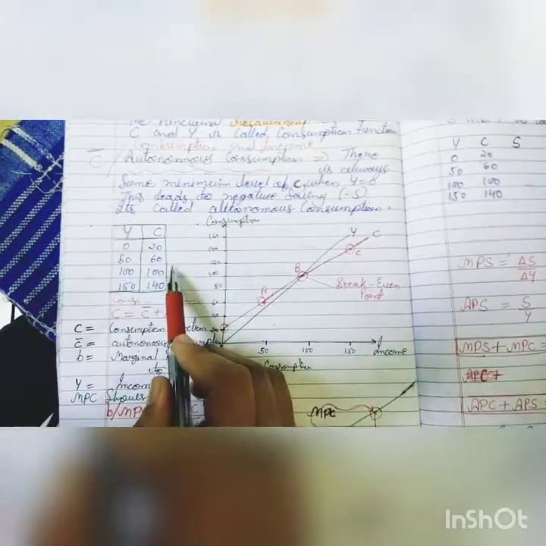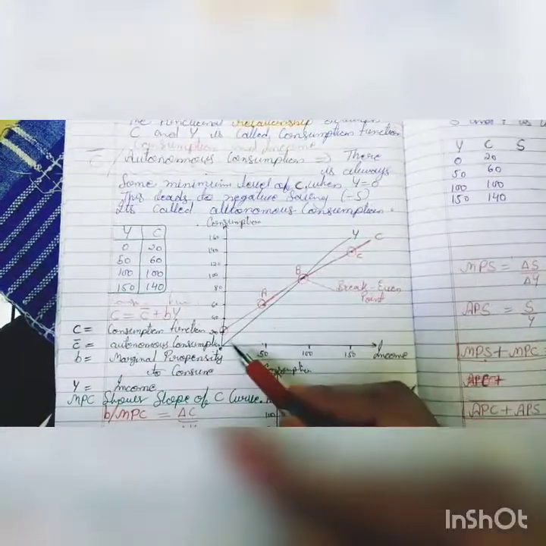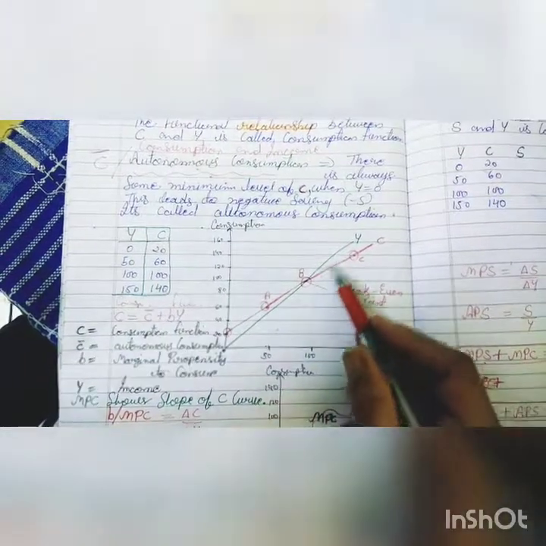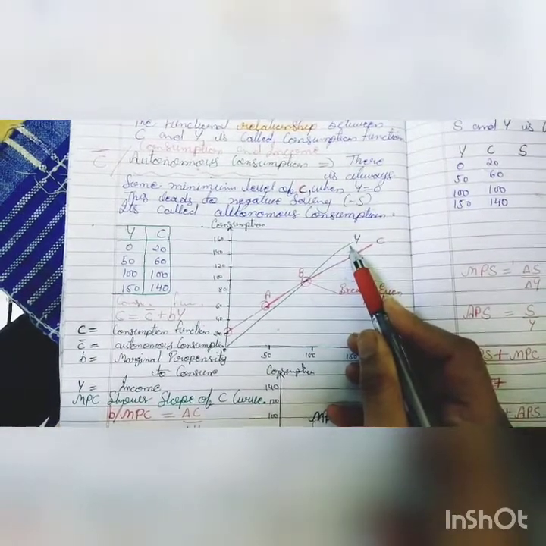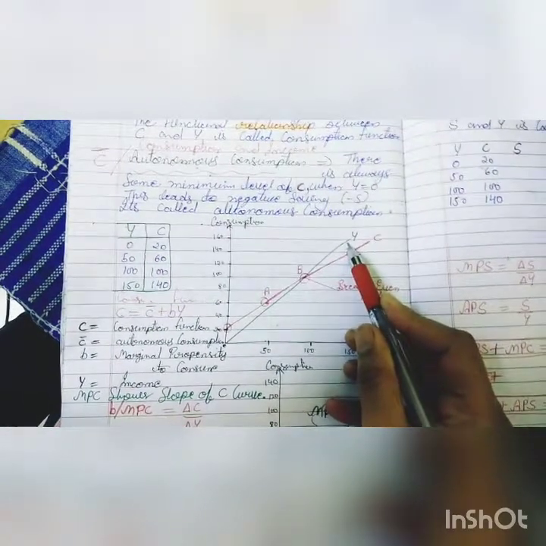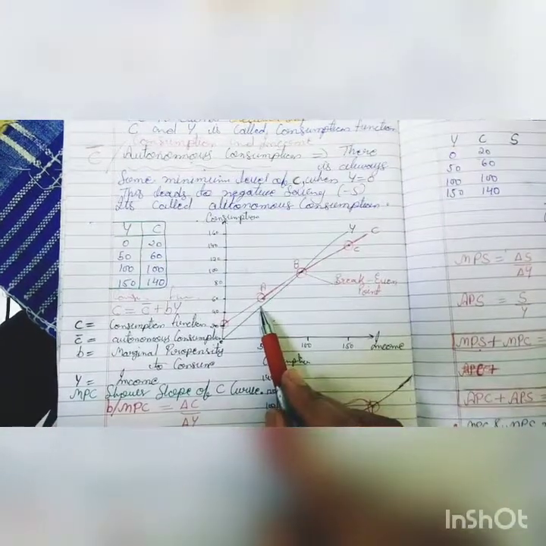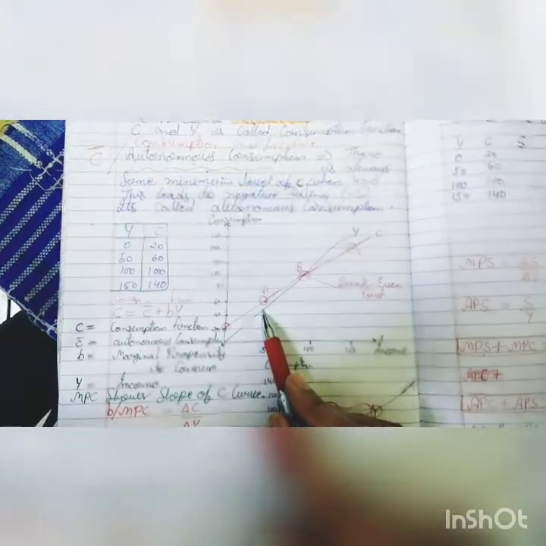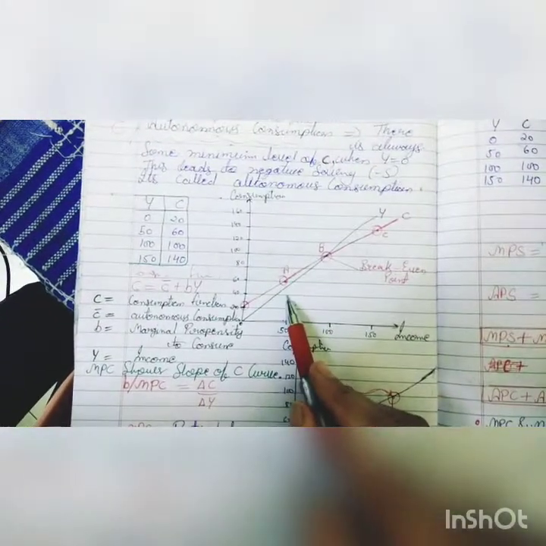After that, income and consumption both increase. Here the Y is showing the income, and the 45 degree line shows that if income is 0, consumption is 0, and they increase at the same rate.